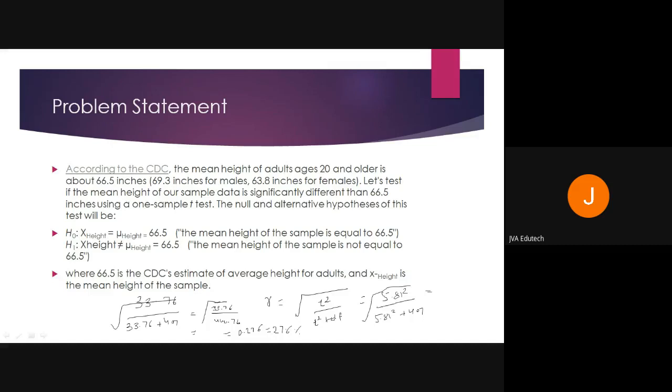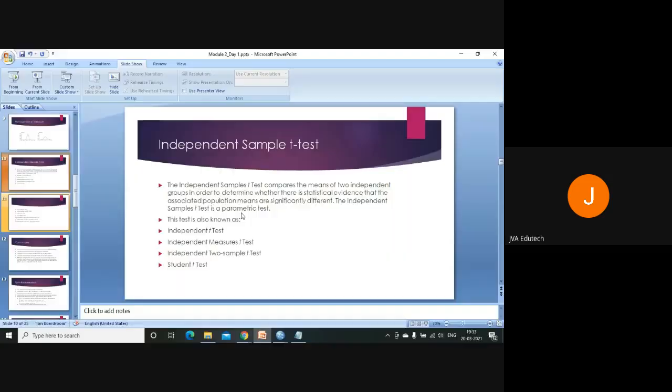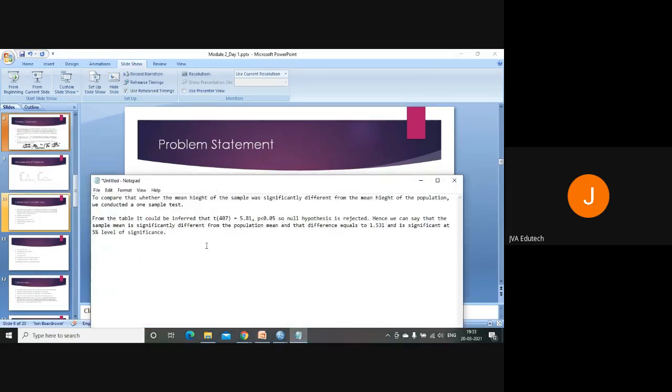of effect. So in your result, you can just report that it is significant at 5% level of significance and has a medium sized effect of 27.6%.